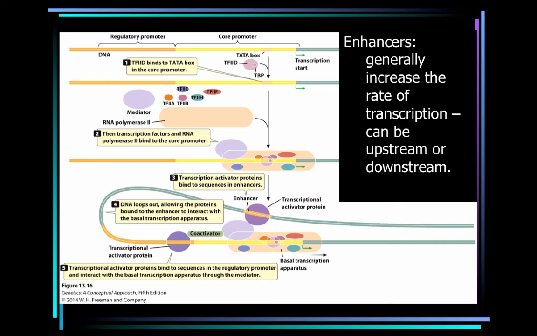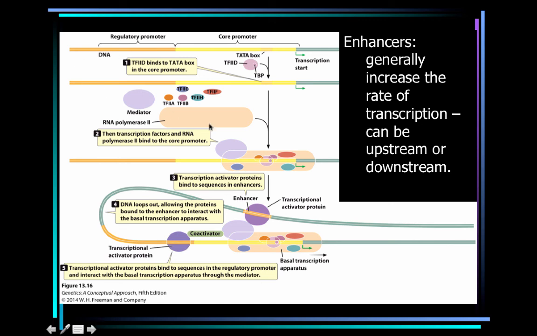And then enhancers are really important in eukaryotic systems because they will usually work to increase the rate of transcription, and they can be either upstream or downstream of the transcription start site. So again, we've got core promoters and regulatory promoters controlling when transcription actually takes place.